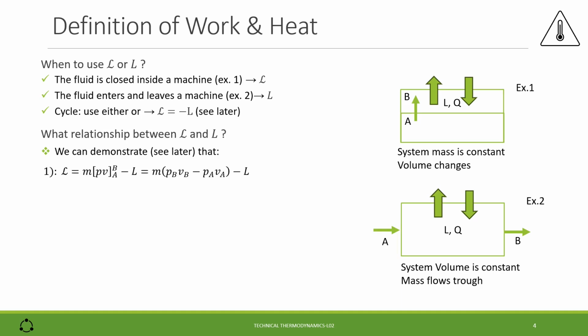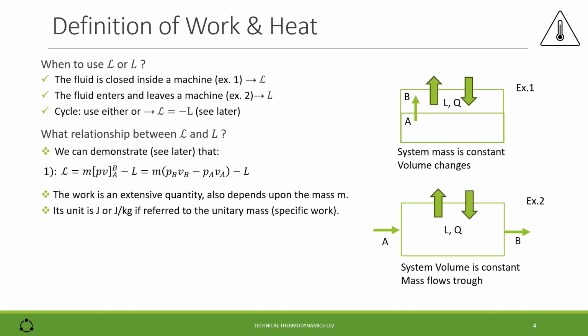The thermodynamic work is equal to the product of the mass and the differential PV minus the technical work, as displayed in the formula. The work is an extensive quantity, and also depends upon the mass. Its unit is joule, or joule per kilogram if we refer to the unitary mass. In this case, we call it specific work.